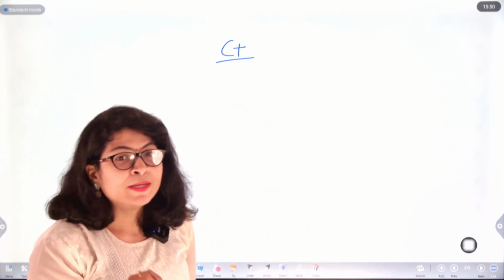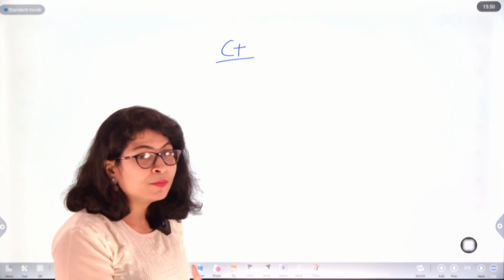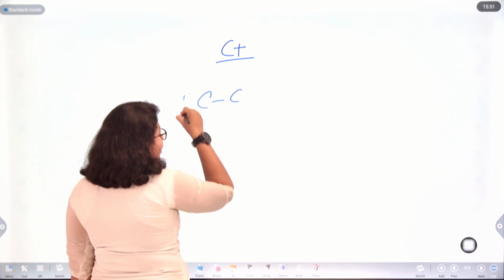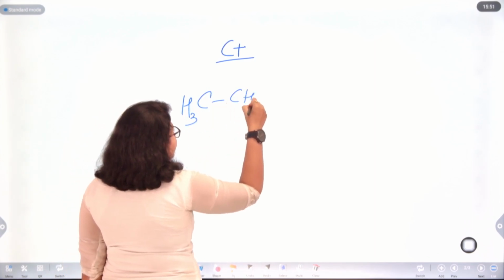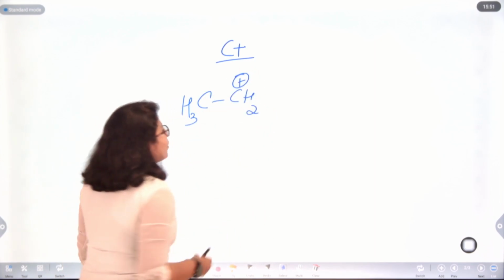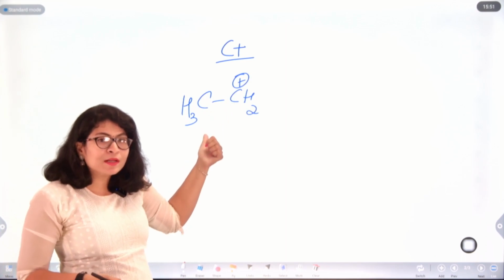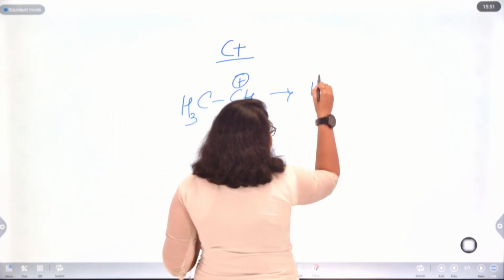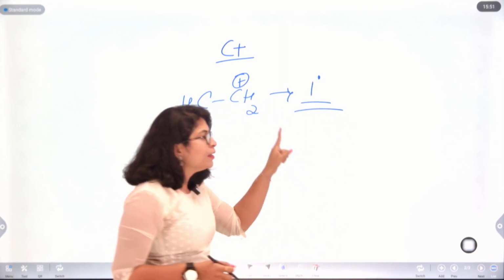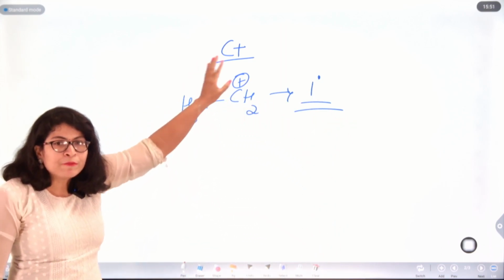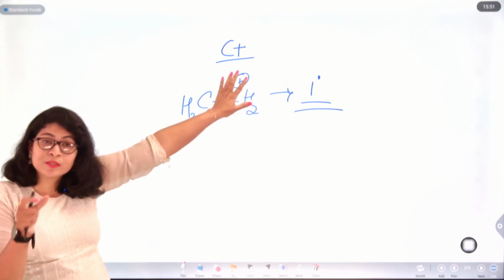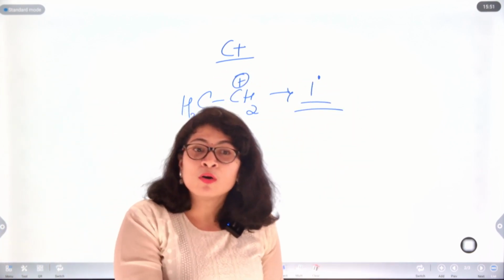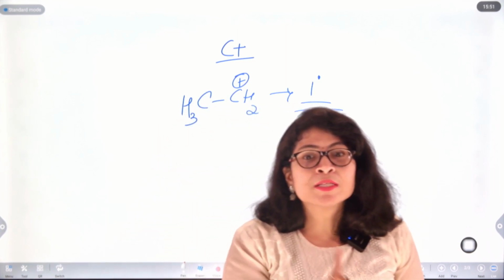So suppose it is having 1 bonded carbon atom, say CH3 CH2 plus. Now the carbon atom is bonded to 1 single carbon atom, then its degree comes out to be 1 degree. I can say it is a 1 degree carbocation. If the carbon under study is bonded to only one carbon atom, then it is 1 degree.